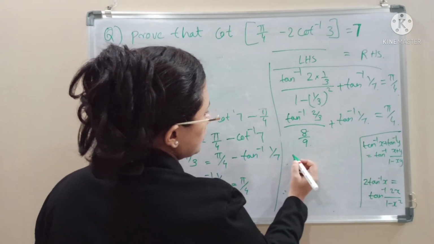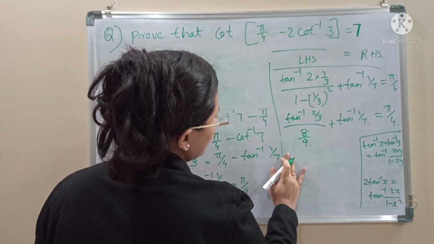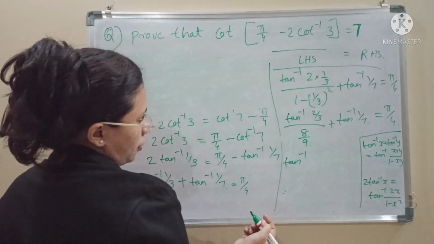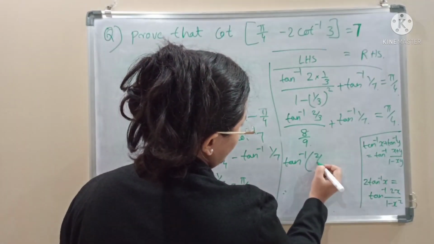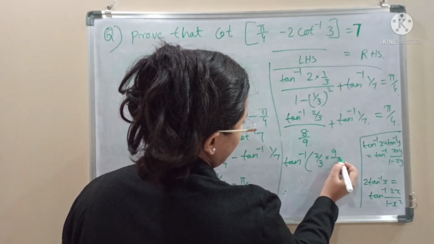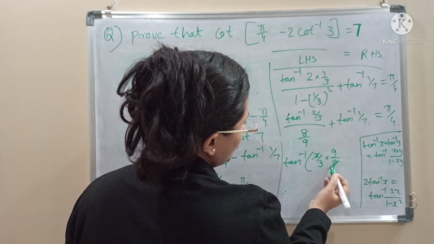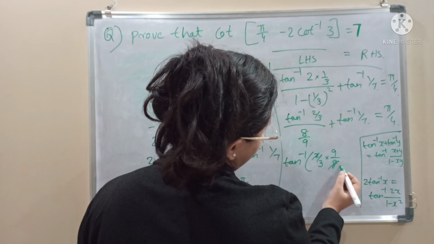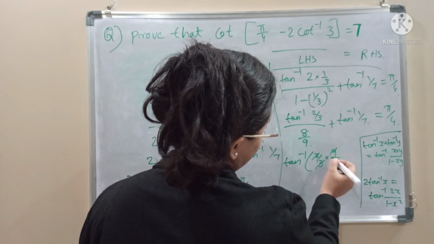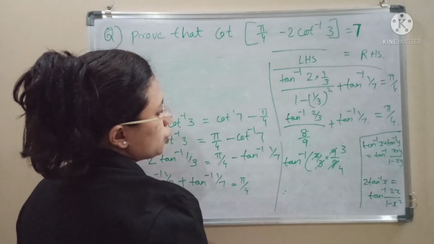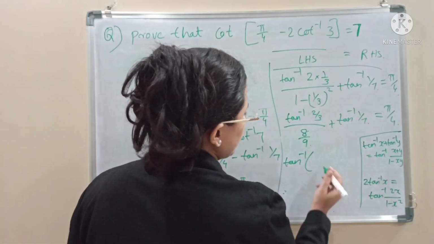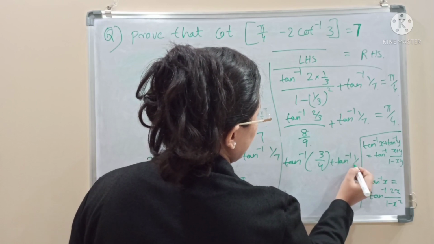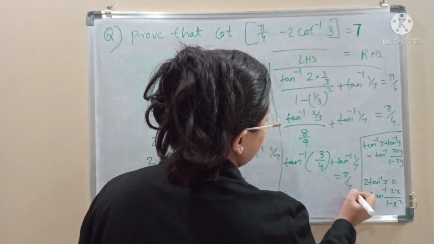So now we'll take the reciprocal here: 2 over 3 times 9 over 8. So 2 and 8 will cancel to 4, and 3 times 3 is 9. So this can be 3 by 4 plus tan inverse 1 by 7, that is pi by 4.